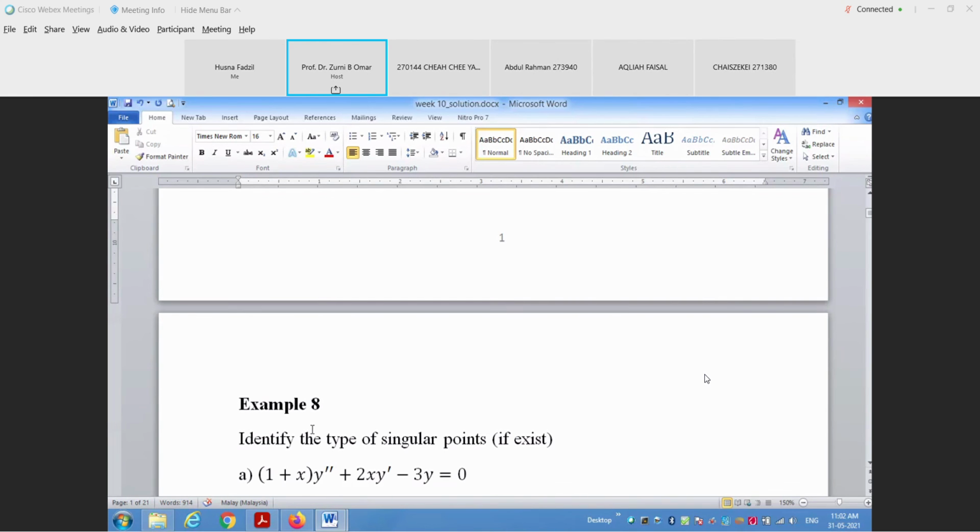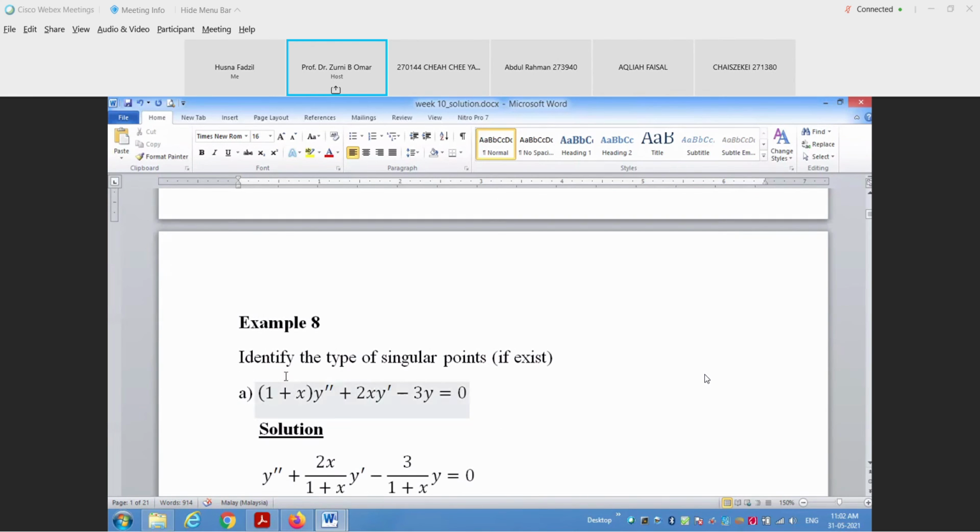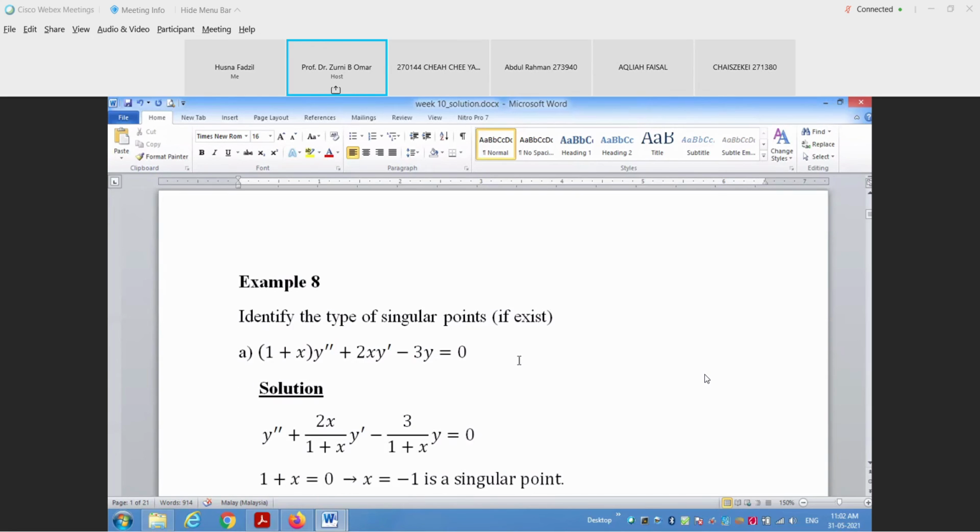So example 8. Identify the types of singular point if the singular point exists. If it exists, then you need to identify the type. Example A: (1 plus x) y double prime plus 2x y prime minus 3y equals 0.